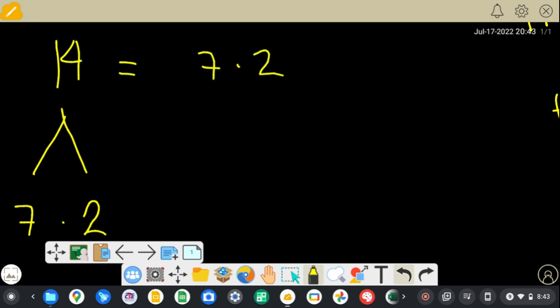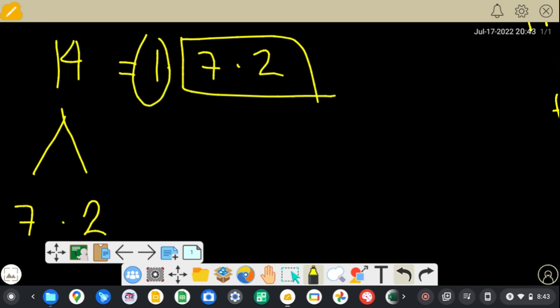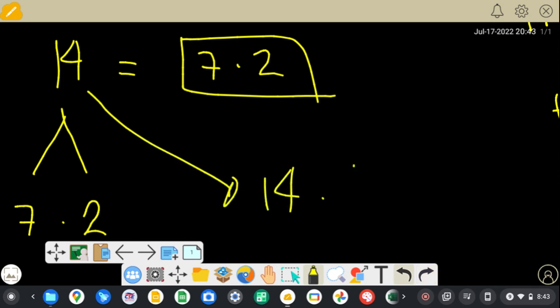Okay, so notice that 7 and 2 are all prime numbers, but actually there is a 1 right here, but 1 is not included because we all know that 1 is always a factor of any number, because we can write 14 as 14 times 1.